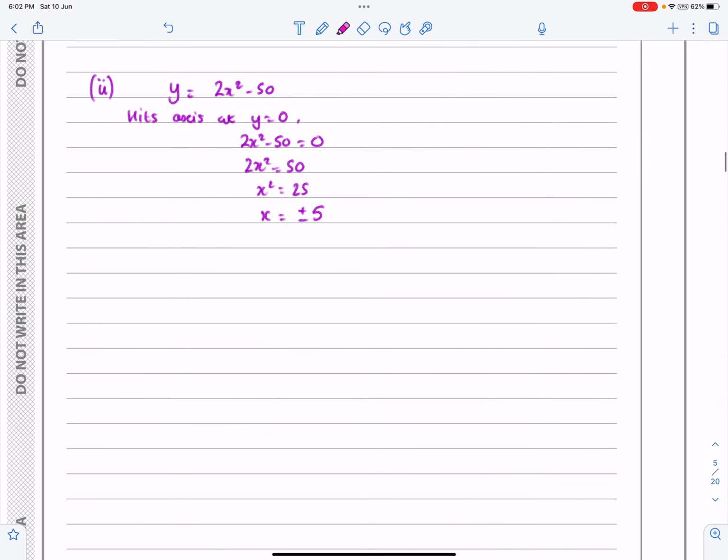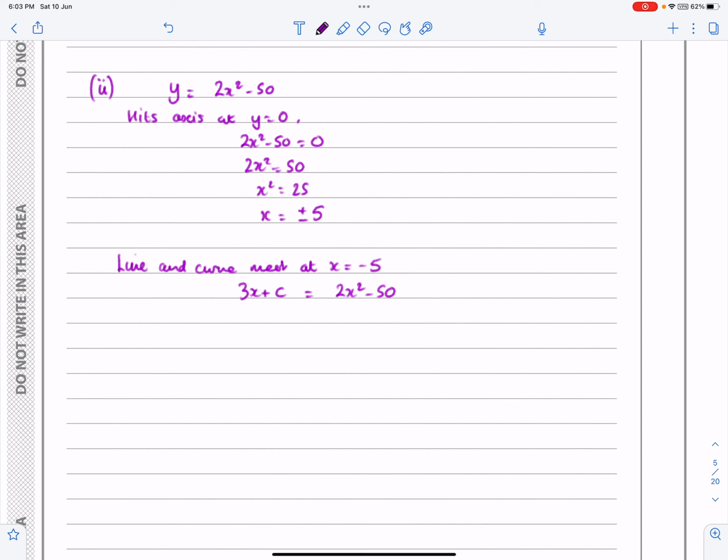So for the second part, I'm going to say line and curve meet at x equals -5 and where 3x plus c equals 2x squared minus 50.